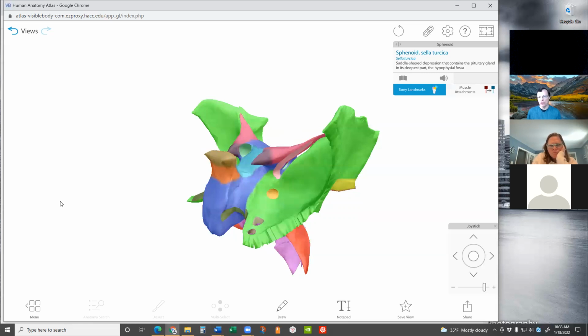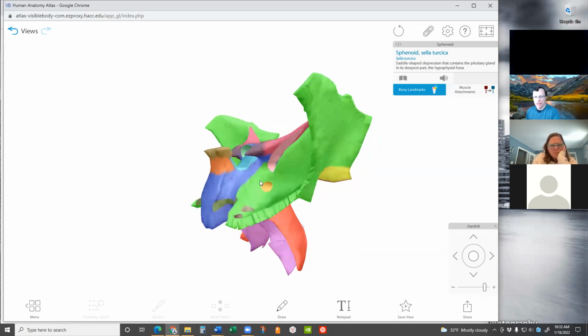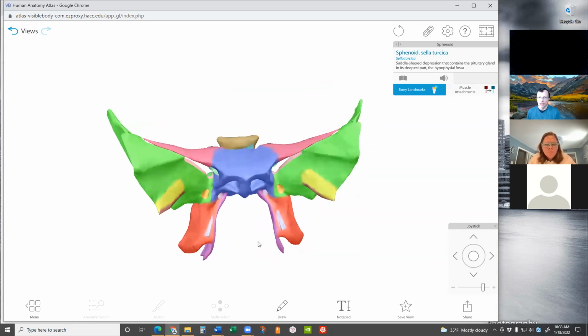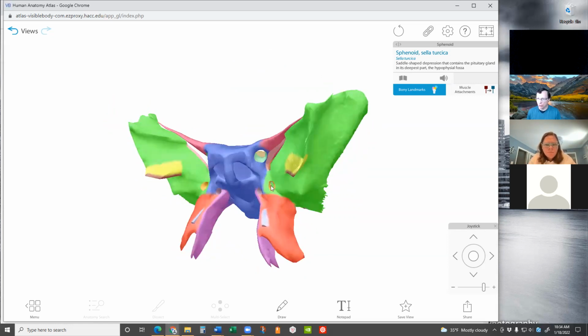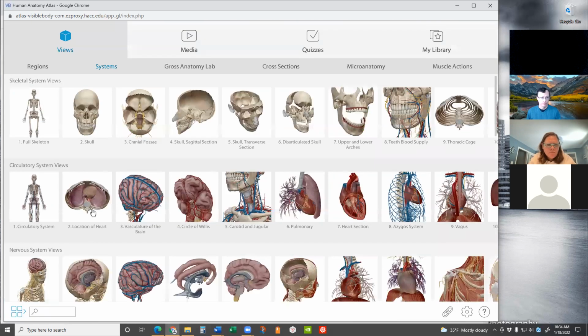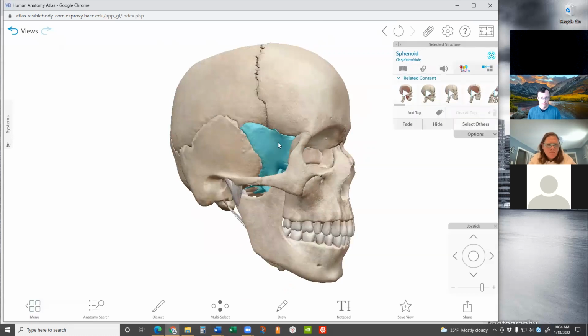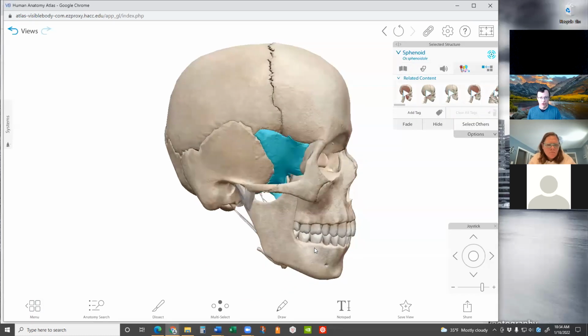Okay, so now I'm going to go back and bring the skull up again. Please understand that you need to be able to identify this bone as the sphenoid bone of your skull. I might show you an image like this all by itself, and you would say, oh, that's the sphenoid bone. I might show it to you like this, or like that.